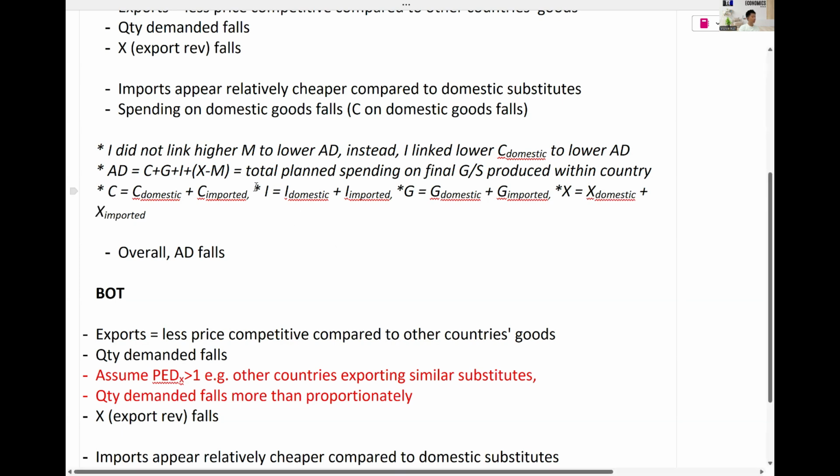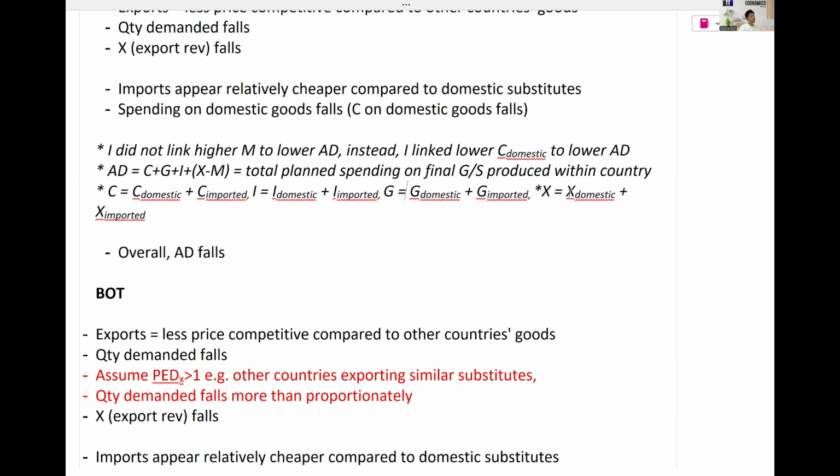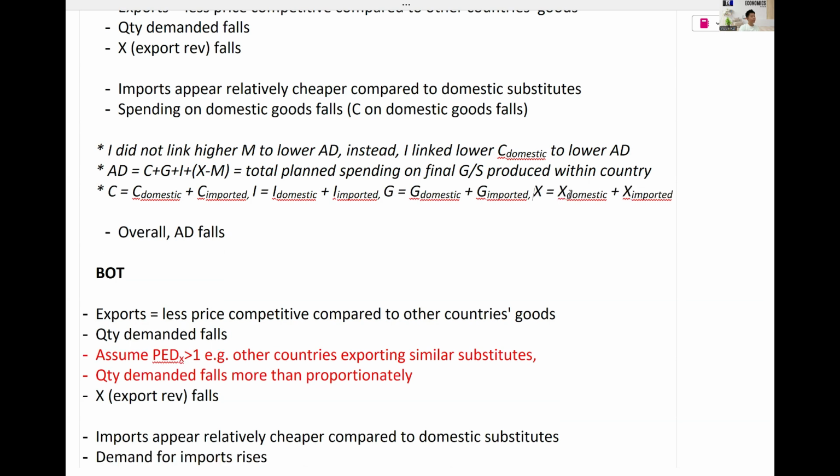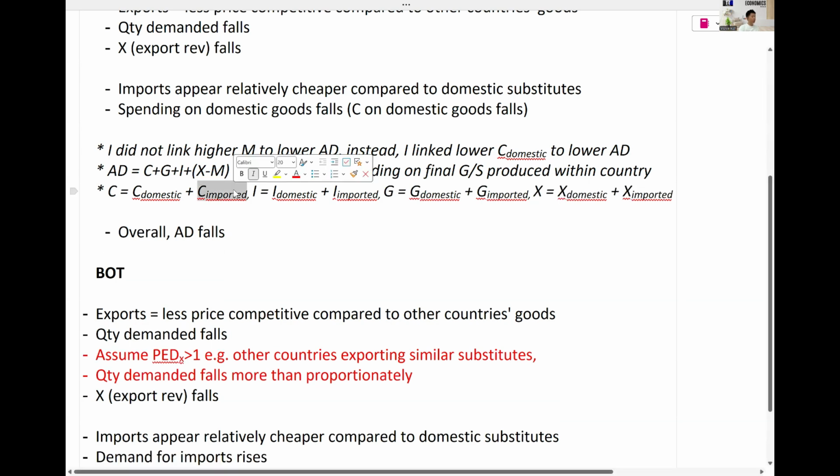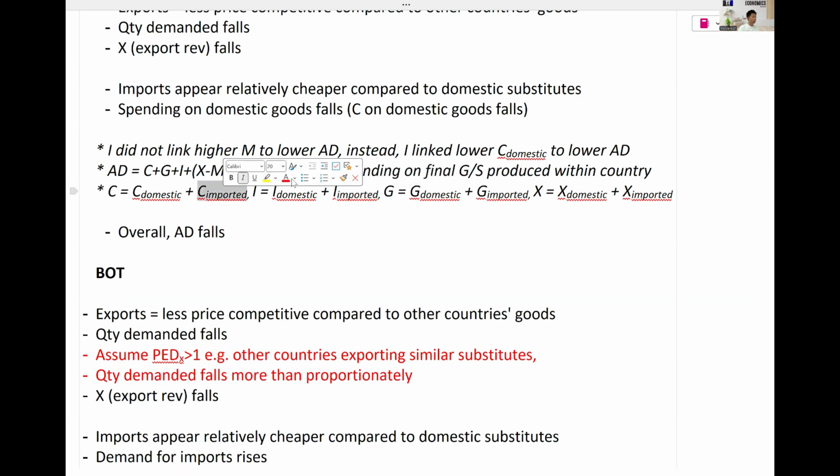Make sense? Okay, so because of this, we have a problem because if you just consider C plus G plus I plus X, all the imported impurities will cloud your numbers. So the purpose of doing this, when you minus M, you will filter out all this.